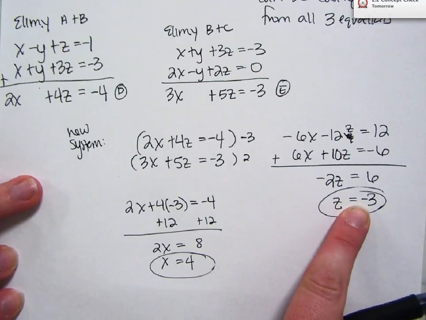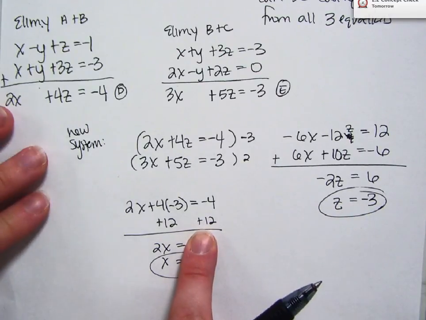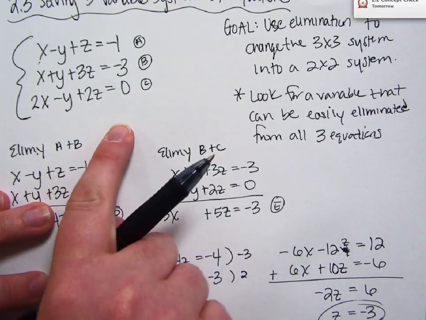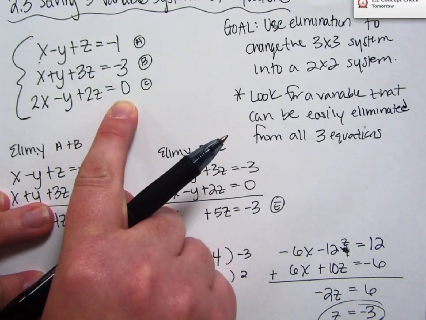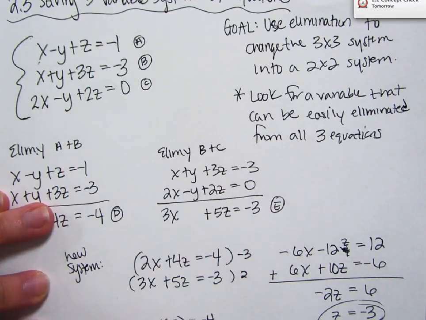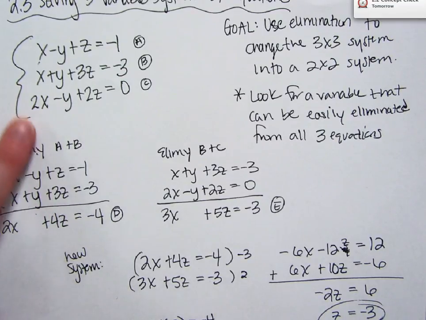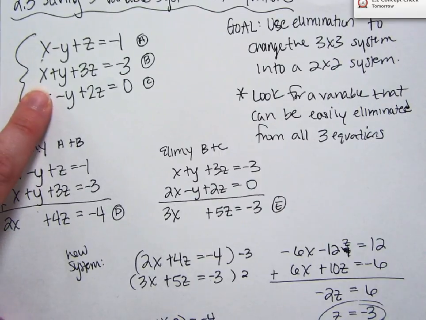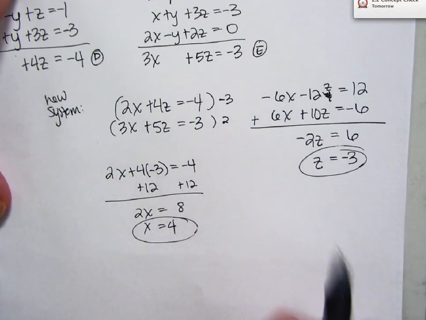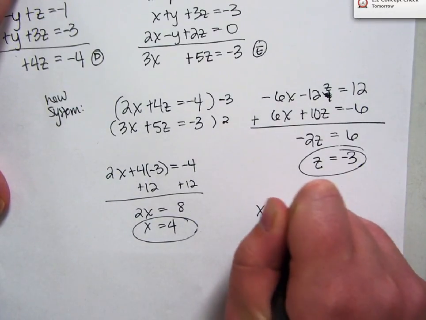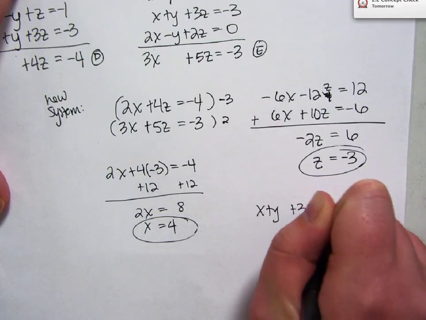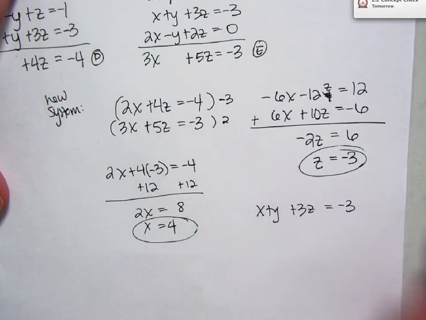Now that I have the solutions for z and x, I can go all the way back up to one of my original equations that had the three variables and use it to find the missing y. It doesn't matter which one we use. I'm going to use the second equation. Just to rewrite it, it was x plus y plus 3z equals -3.